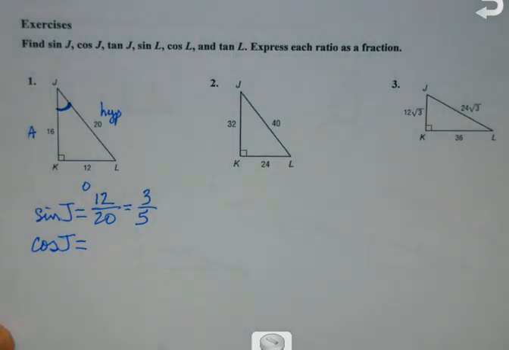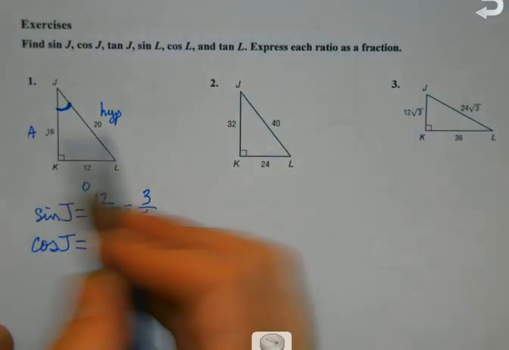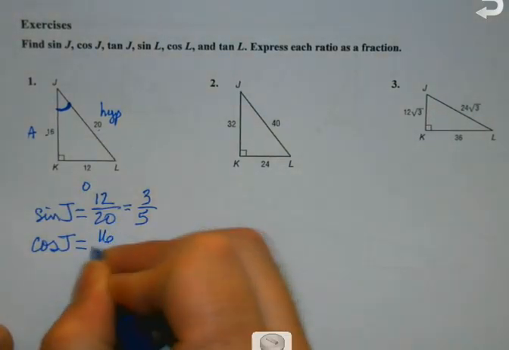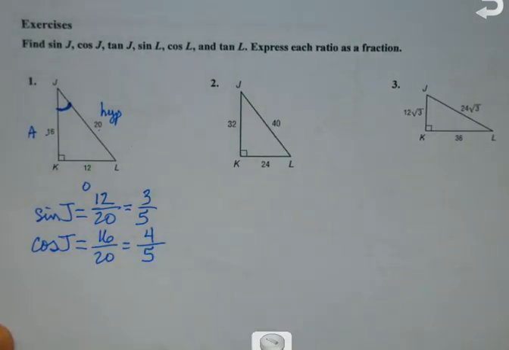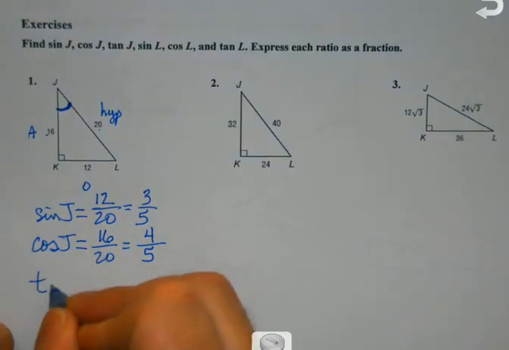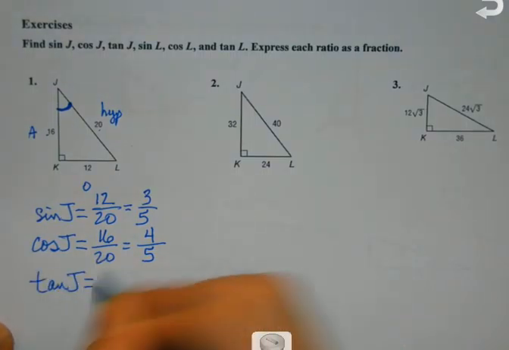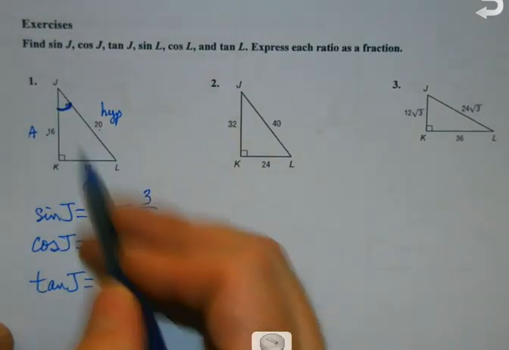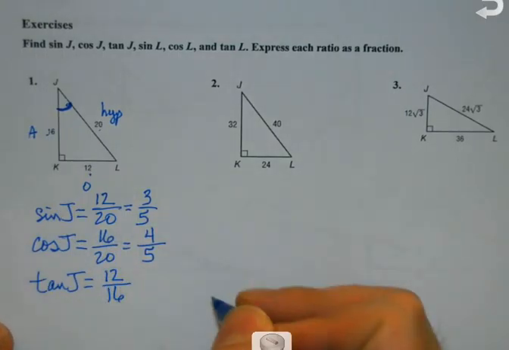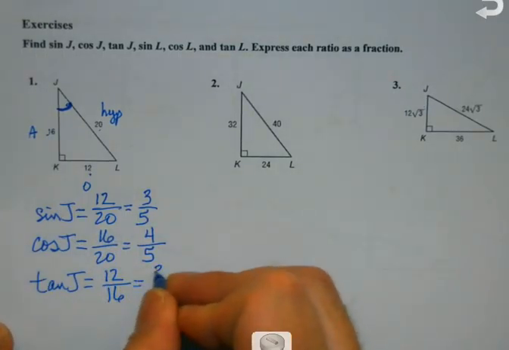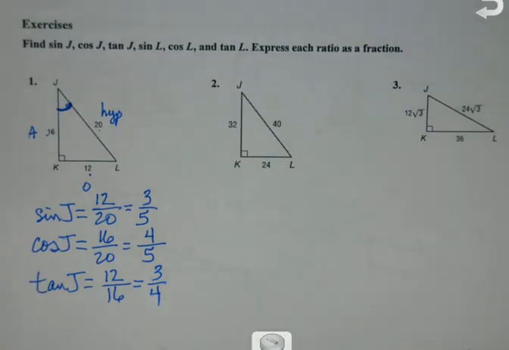Cosine is adjacent over hypotenuse, 4 over 5. And then my tangent is opposite over adjacent, and those are both divisible by 4. So that gets me set up for angle J with my 3 trig ratios.